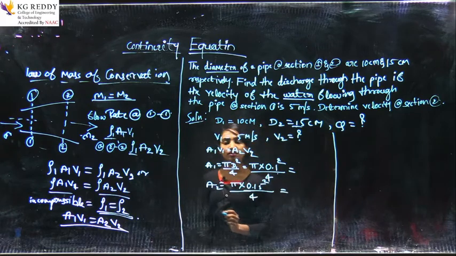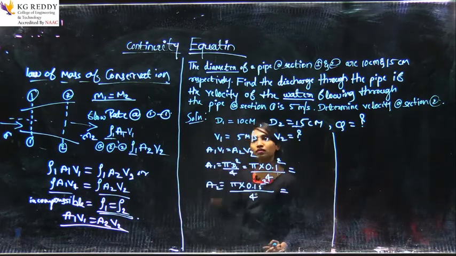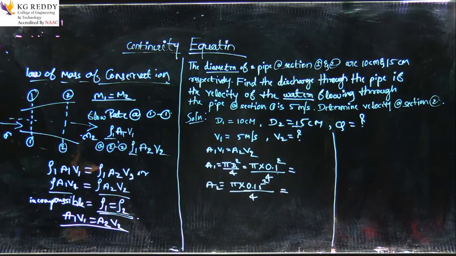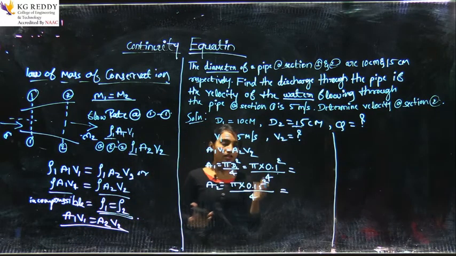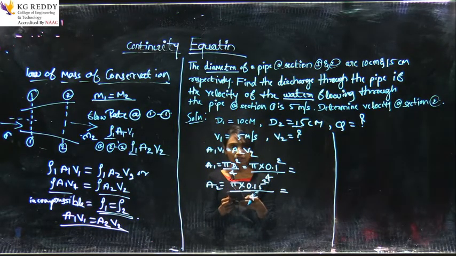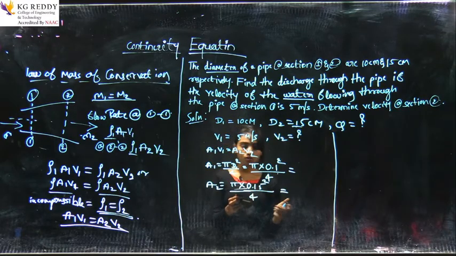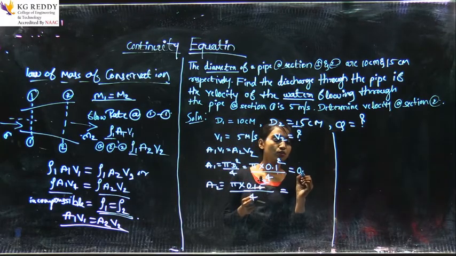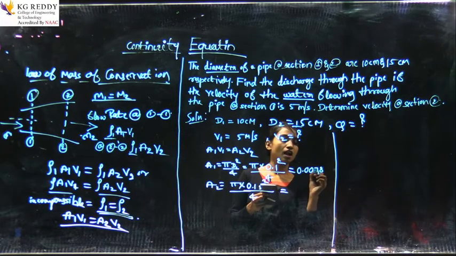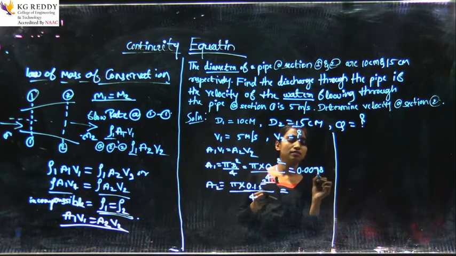Just calculate this, the simple calculation. We'll solve this. The first one is pi into 0.1 square divided by 4. So we got the answer 0.0078. I hope all of you got the same answer.